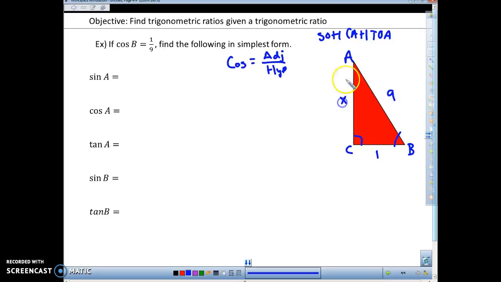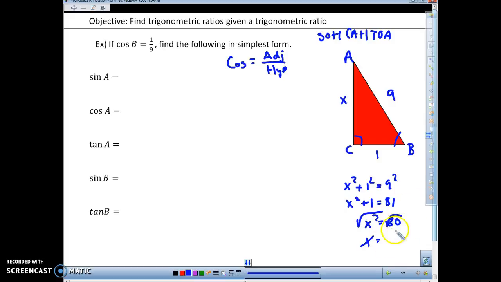Now I want to figure out side AC, so I use Pythagoras' theorem. x squared plus 1 squared is equal to 9 squared, which gives me x squared plus 1 is equal to 81, giving me x squared is equal to 80. I take the square root of both sides, and this gives me x is equal to the square root of 80.